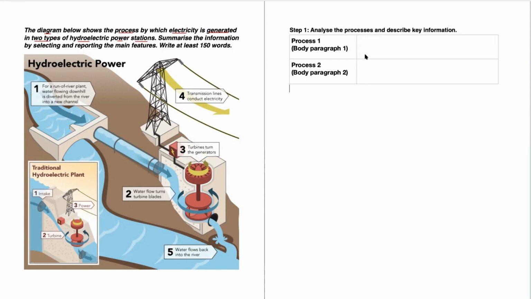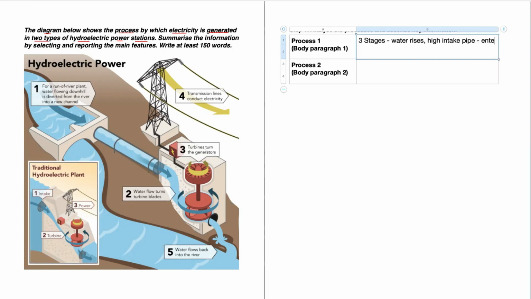So let's just make a couple of notes for us just to make sure we're on the same page. If we look at process 1, which is the traditional hydroelectric plant, I'm going to say it's 3 stages. I'm going to talk about how the water rises and then it's high enough to go in an intake pipe, because that is exactly what we see here. So I'm looking right from the left, seeing that it goes into an intake pipe.